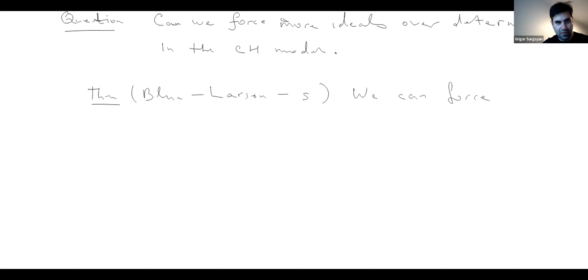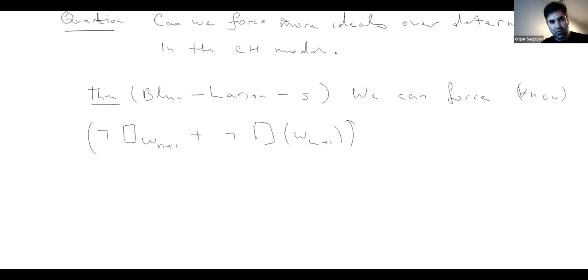We can force, for every n in omega, aleph_{n+1}... Okay, I have to try to figure out which one implies which.